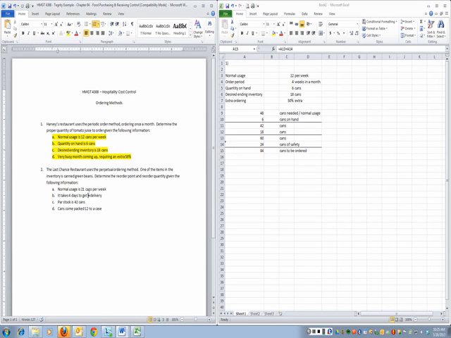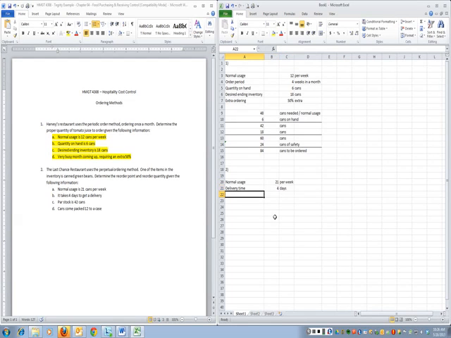Now what we're going to do is move into our perpetual. And again, the first thing I'm going to do is start putting in the information. So we are dealing with our normal usage of 21 cans per week. And delivery time is 4 days.